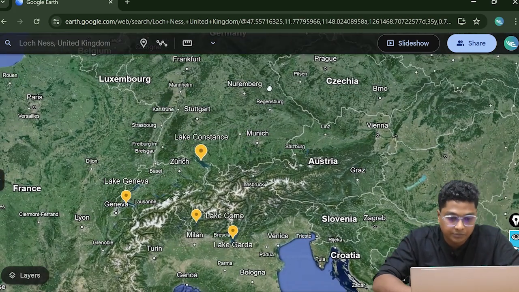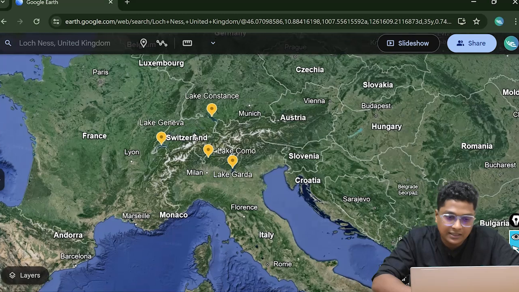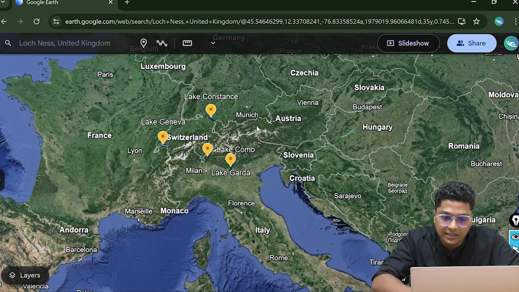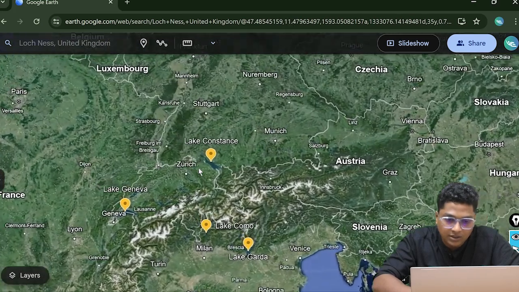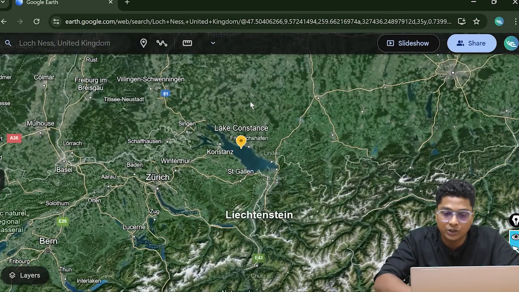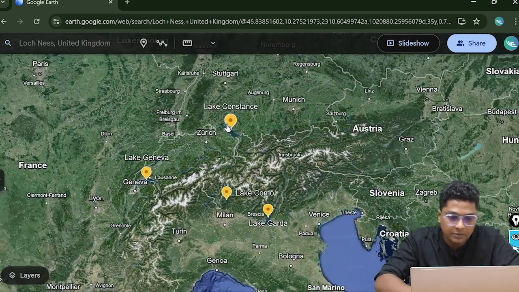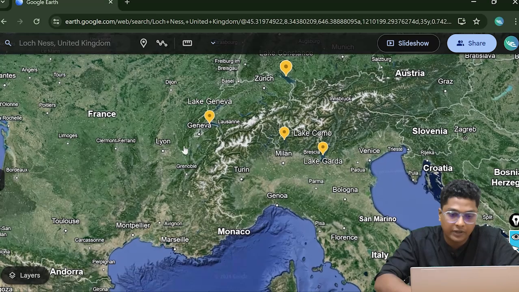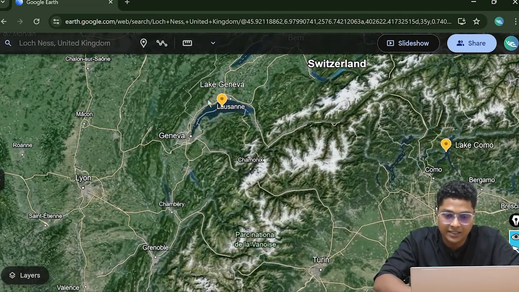Okay, similarly, this Lake Constance, you can see here, this is Switzerland, and this is Austria, and this is Germany, right? So Lake Constance is in the tri-junction of Switzerland, Austria, and Germany. Similarly, we can find here Geneva, and here we can find the Lake Geneva, a crescent-shaped lake.